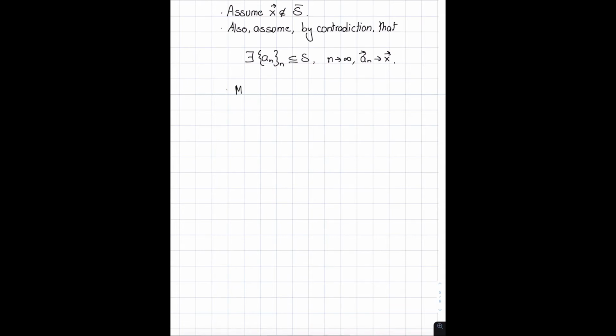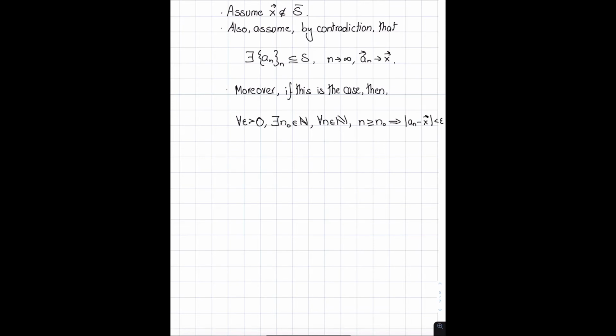Moreover, if this is the case, then for every epsilon greater than 0, there must exist an n naught in the set of natural numbers such that for every n in the set of natural numbers, if n is greater than or equal to n naught, then the norm of A of n minus vector x is less than epsilon.